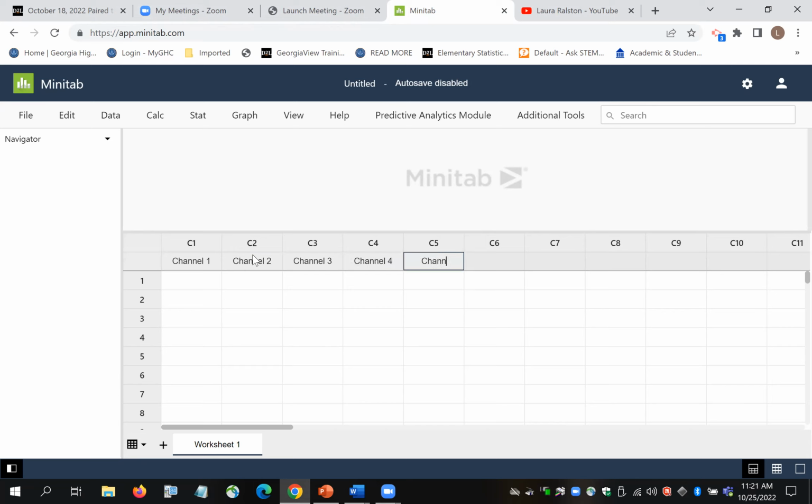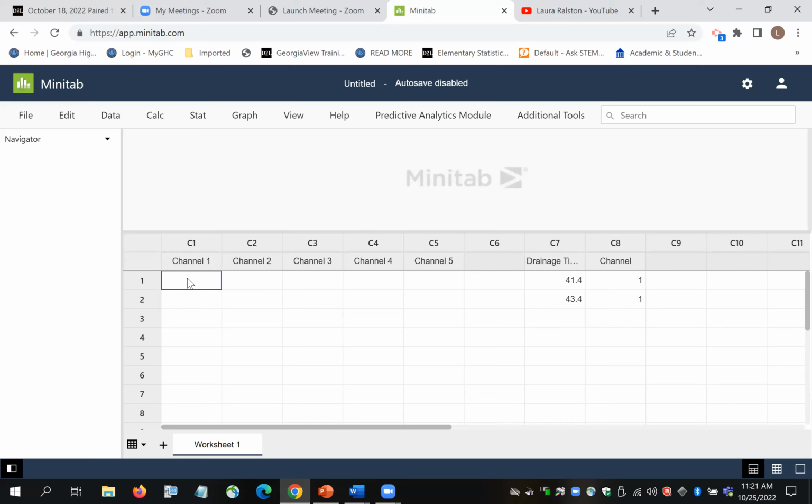I'll show you in case you prefer that. I prefer to put them all in different columns, but we could put the drainage times all in a single column and then code it with its channel. So I would have, for example, 41.4 corresponds to channel 1, and 43.4 is again channel 1. And so I would go down through there and indicate side by side.